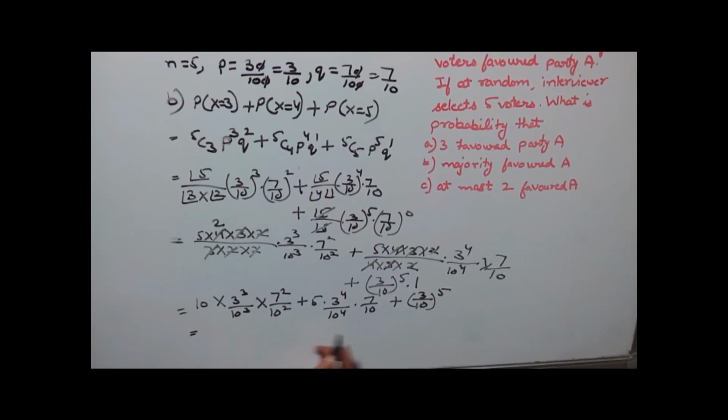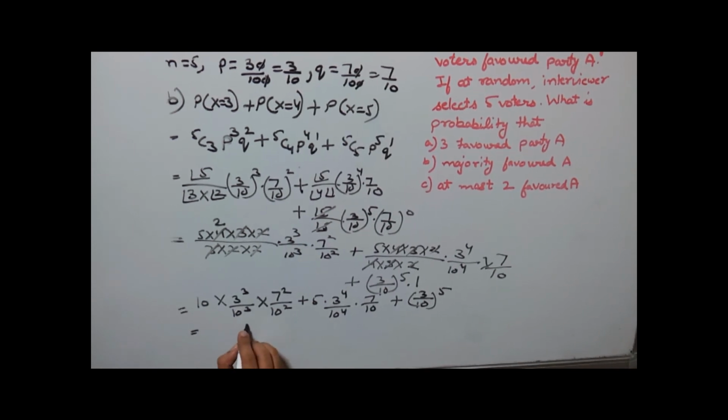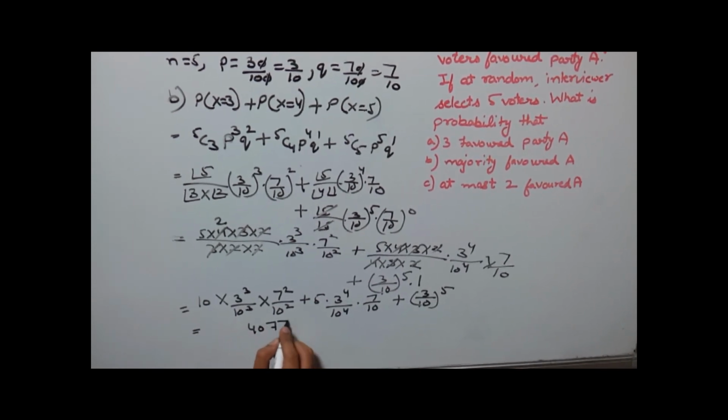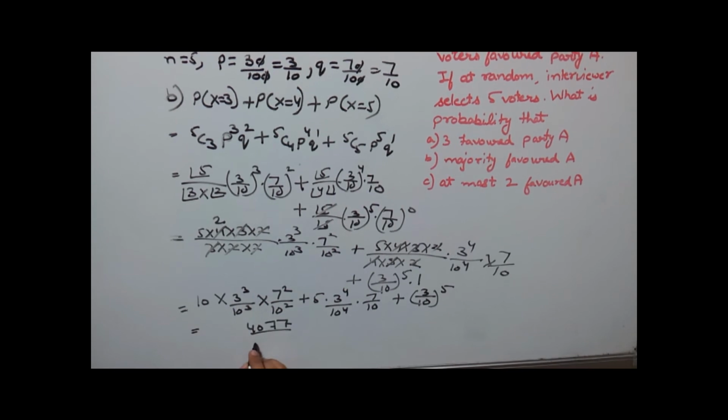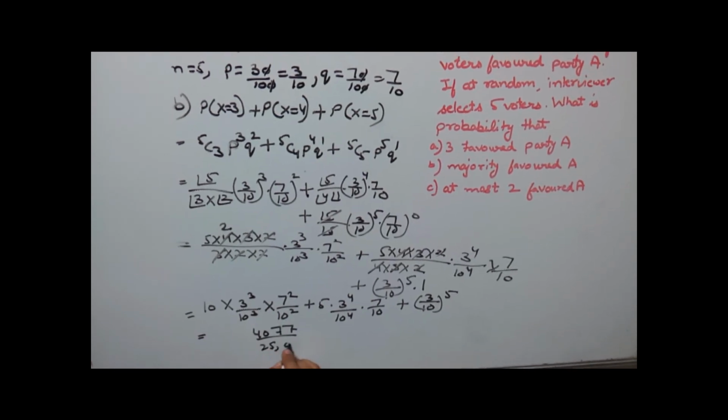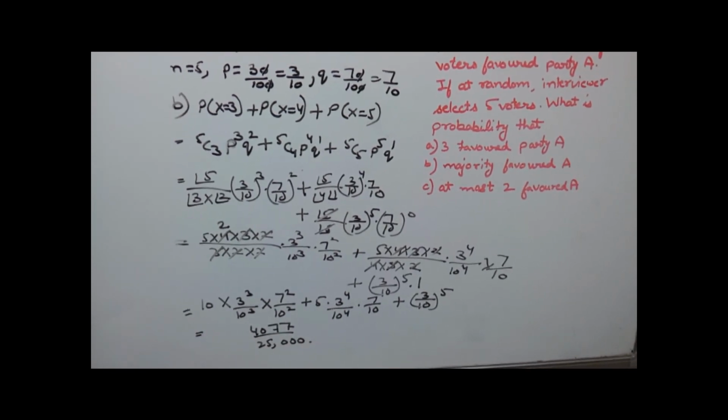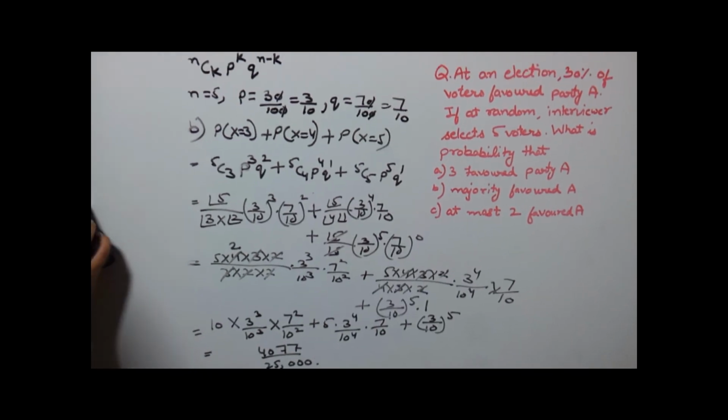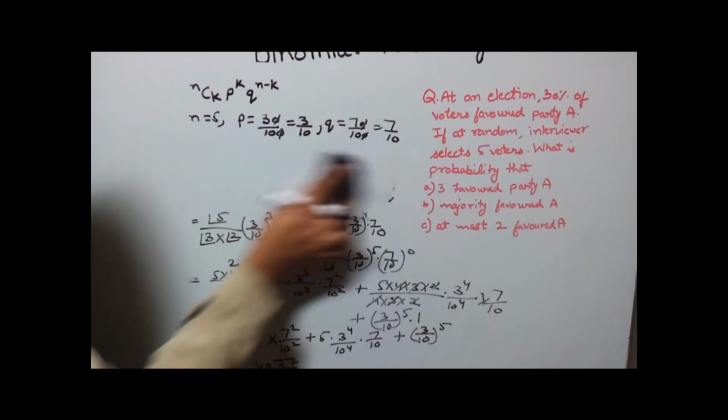Solving all this equation gives us the answer 4077 divided by 25,000. Now let's move to our third part.